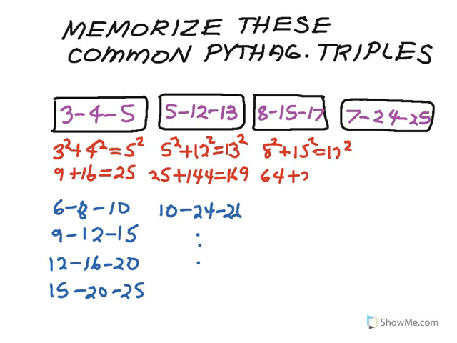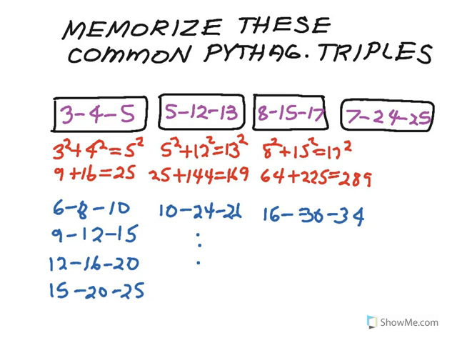And the sum of those two is indeed 289, which is 17 squared. And again, multiples of 8, 15, 17 would have the same relationship. So like, for example, if I double each of those, a 16, 30, 34 would be a right triangle.